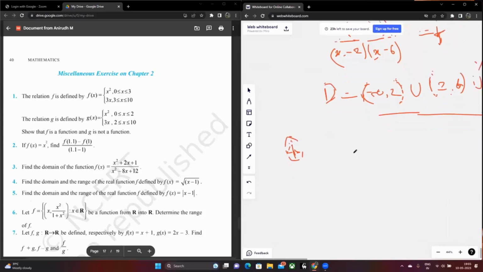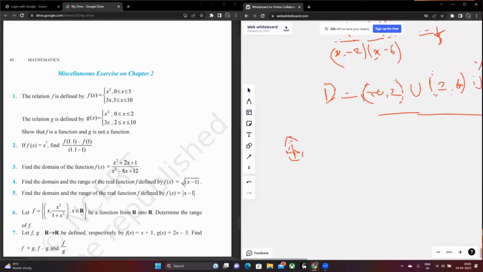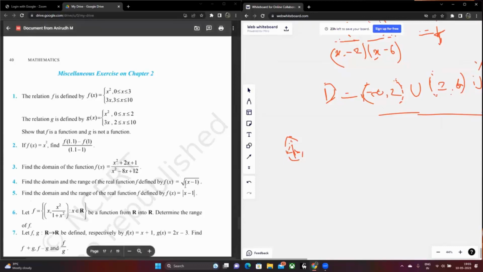Find the range of the real function defined by f(x) equals root of x minus 1. Again, square root means that whatever is under the root has to be greater than or equal to 0. So basically, for the domain, x minus 1 is greater than or equal to 0.